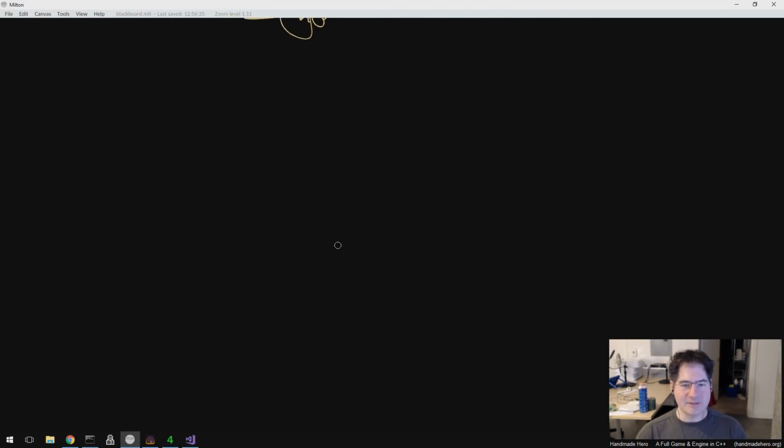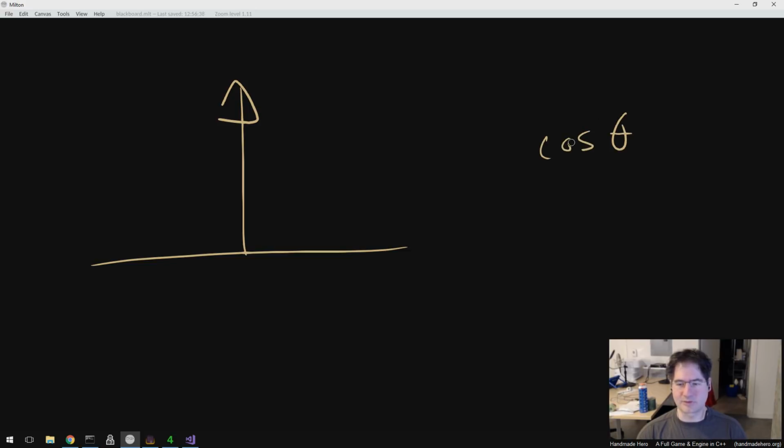Now, this ends up being true in a general case for surfaces in a particular way, which is because of the cosine term. Any surface oftentimes has that cosine theta property that we talked about before.